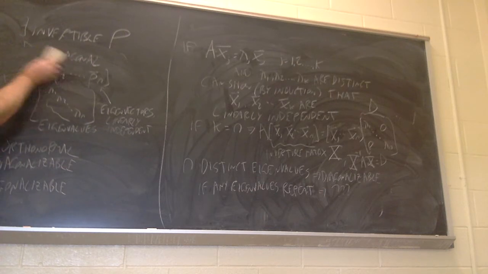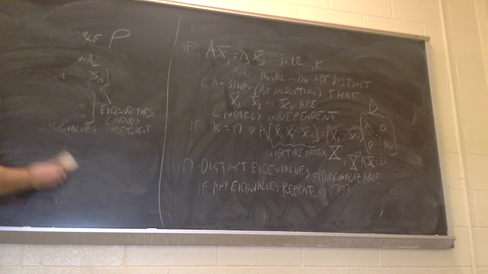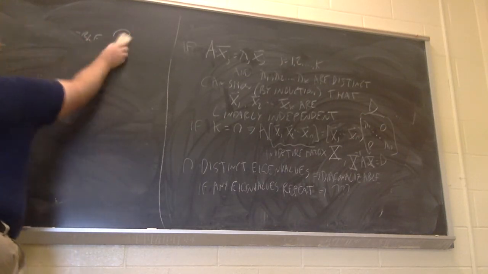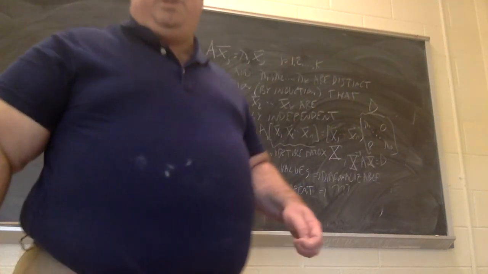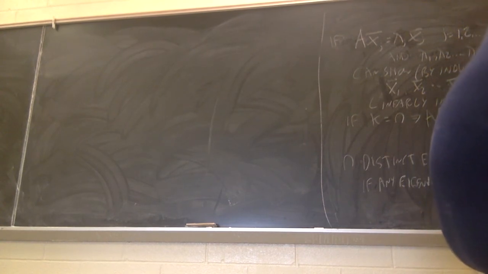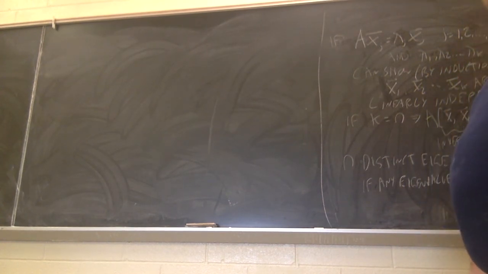And that helps us get a handle on whether a matrix is diagonalizable or not. And if it is not diagonalizable, do we have some other decomposition that is, if not diagonal, close to diagonal.